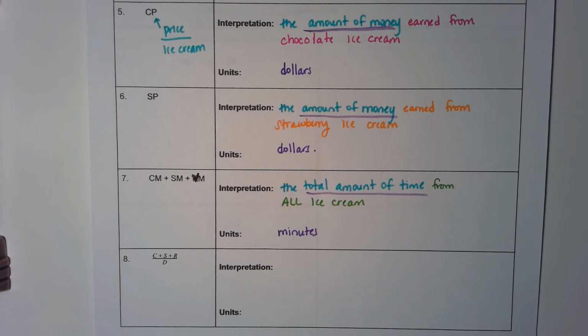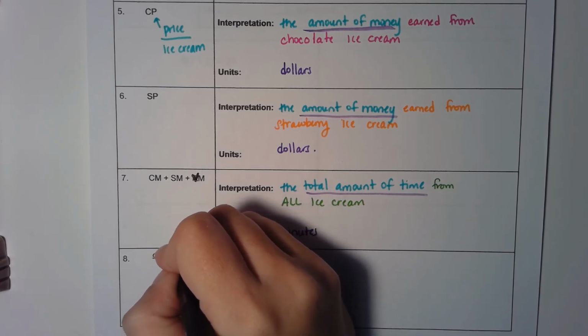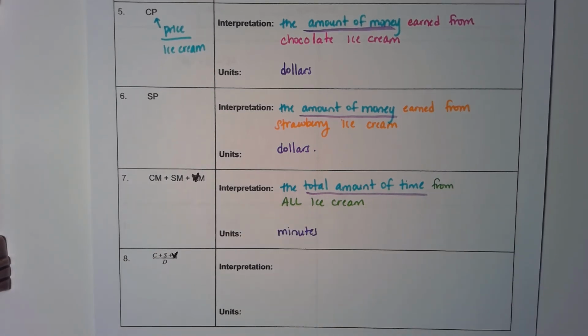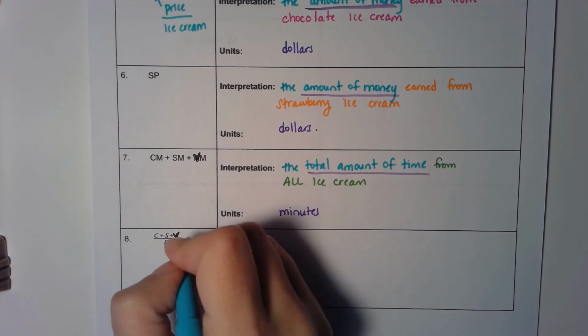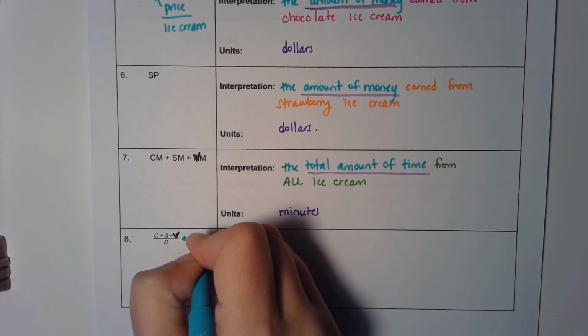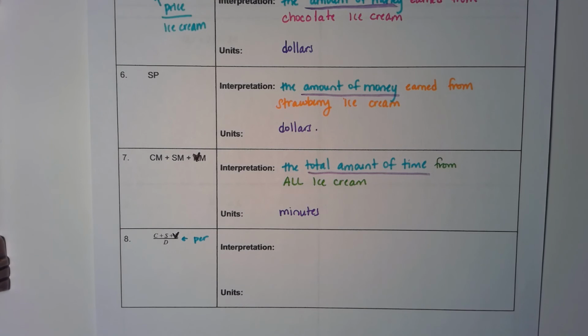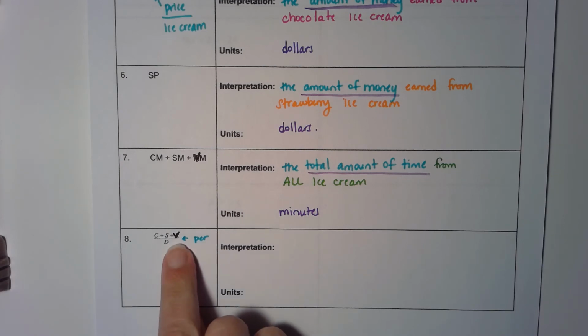Last but not least, and this is the trickiest one, it says C plus S plus, this should be V. I apologize, that's a bit of a typo again. Should be C plus S plus V all over D. Now, when we want to interpret this, we need to remember that divide means per. So let's look at the top first. C plus S plus V means all of the ice creams added together. So the total amount of ice cream divided by means per. D stands for days.